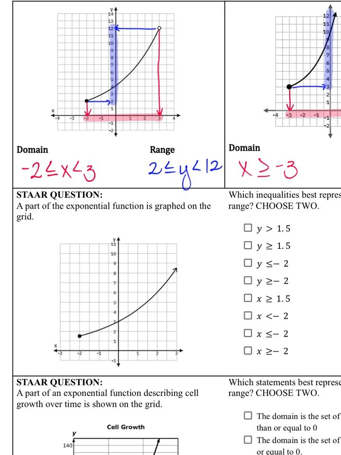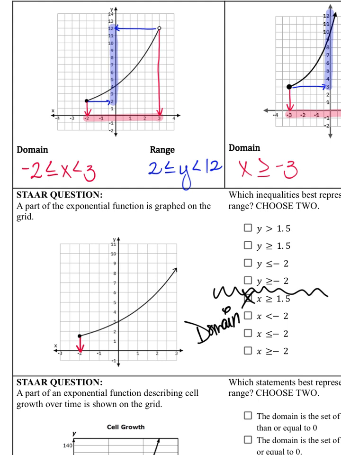You're going to use the same tactics you did on the other. You're going to first look for your domain, which is your x-axis. This is a one-sided inequality, so you start at -2, and you know that it's your x value. So let's look over to the right with our answer choices. The answer choices on the bottom are for your domain. So any of them that are not associated with -2 need to be marked out.